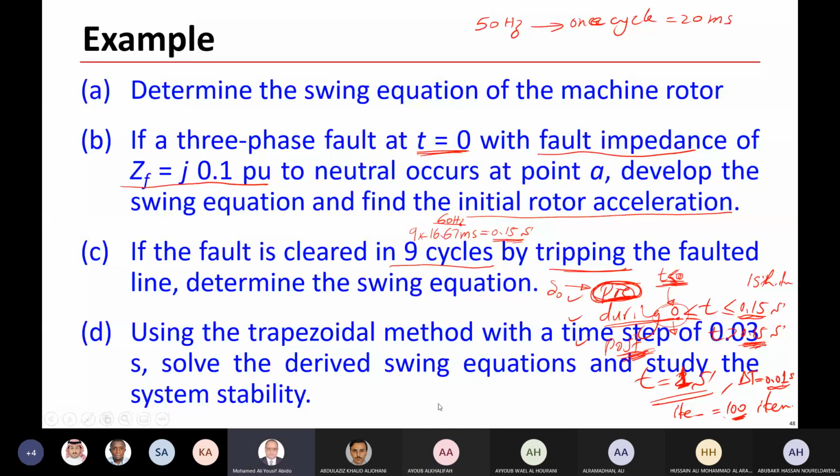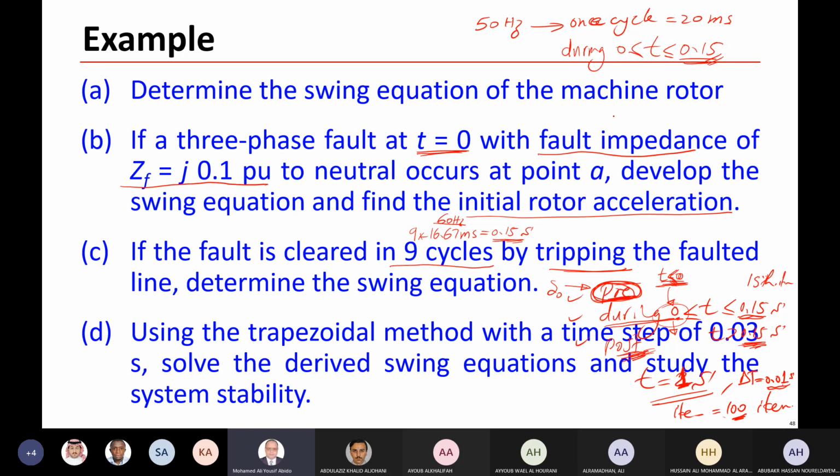Ramadan Ali, please go ahead. Yes, Doctor. Why will we perform 5 iterations during the fault? Because here it specifies delta t. It gives you delta t equal to 0.03. It's given to you. If you have up to 0.15 second, this is during the fault.